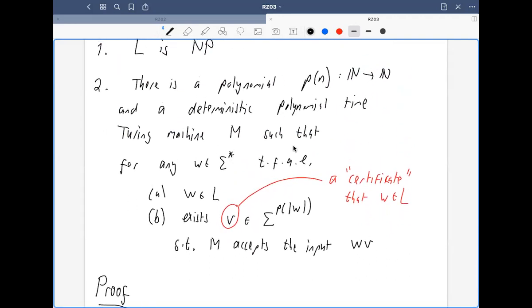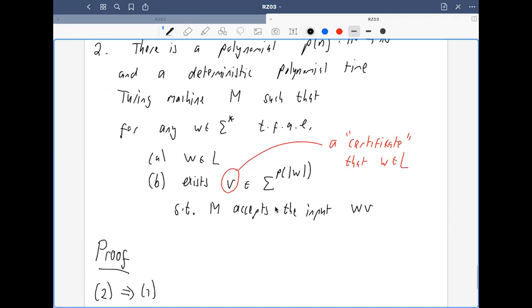So if you've got the verification procedure, we're given an input word W. We want to check whether it's in the language L, and all we need is to get a certificate for it and check that that certificate is a certificate for W being in L. This is the same kind of algorithm that we followed for independent set, where we started off by guessing a subset and then checking that it was a certificate.